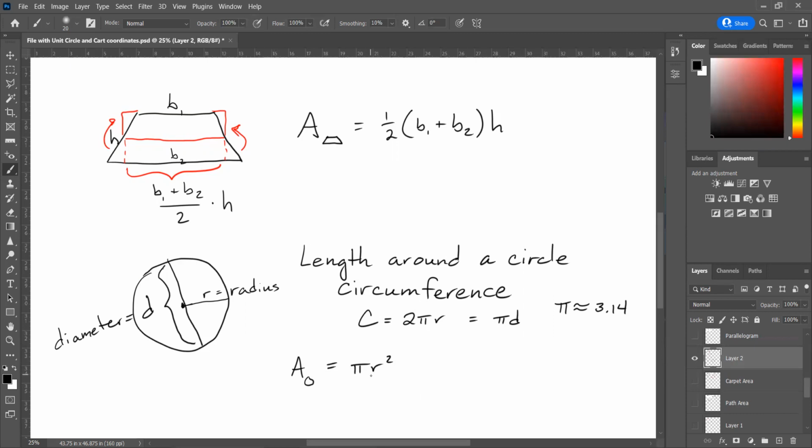So notice here we're squaring the radius, so that gives us our length squared. Up here in circumference, we're not squaring anything, so this is a length unit. So we won't have any squared terms. The area, we will have a squared term. So you can think about that when you're using formulas. What will my units be? Will they give me the units of area like I expect?